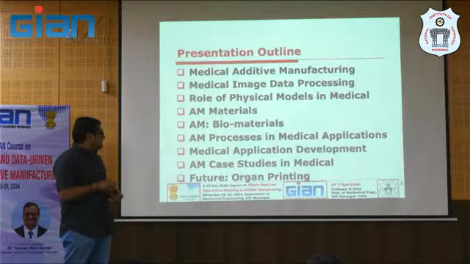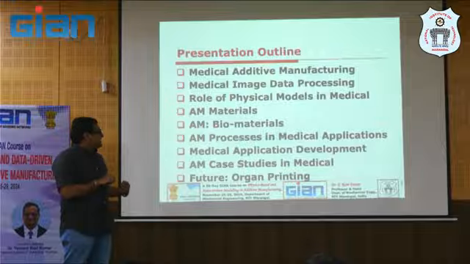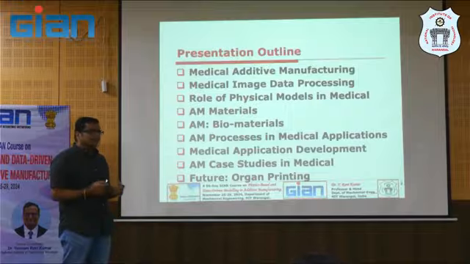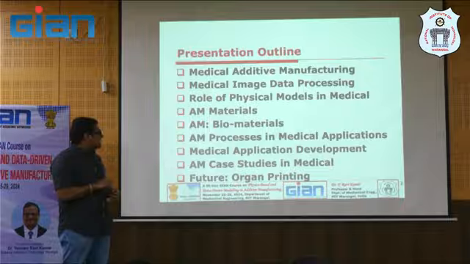Not all engineering materials are qualified for bio applications. So among the qualified biomaterials, another constraint is that they should be additively manufacturable. You want to create an interface between additive manufacturing and medical applications, so we'll try to see the biomaterials that can be additively manufactured.